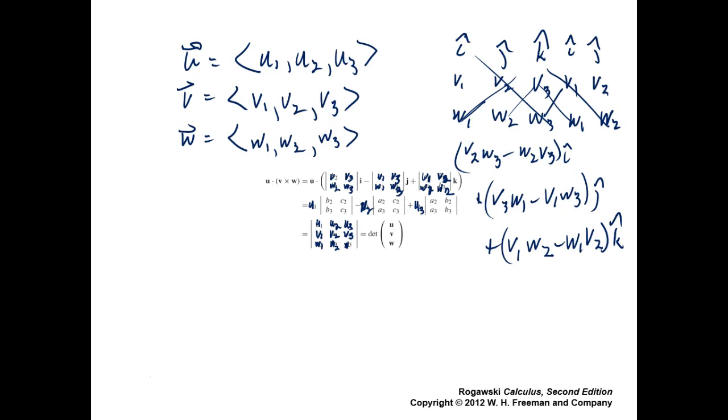Okay. Now, then you put these all together, and that puts the U1s on top, and it's multiplied with this, U2 multiplied with that, U3 multiplied with that, just like this does. So that gives you the determinant of UVW. Okay. And it's pretty obvious here. That's vector U, that's vector V, that's vector W. Okay? Just like it says. And that then gives you a way to calculate the volume of a parallelepiped.